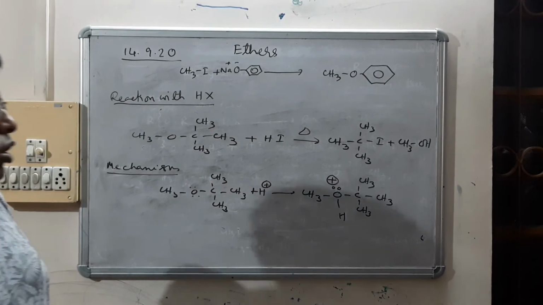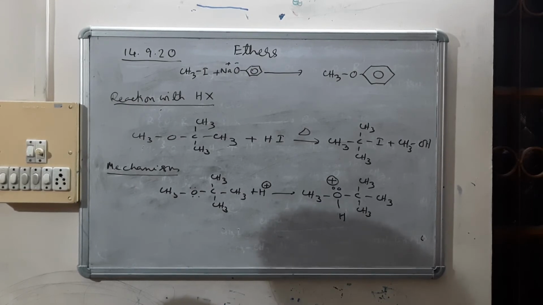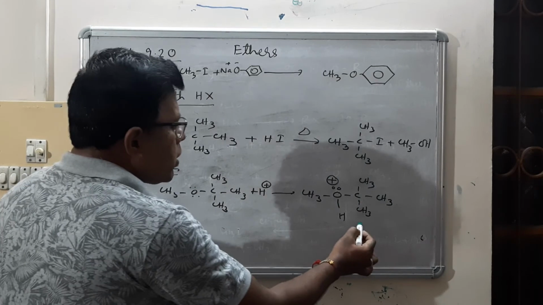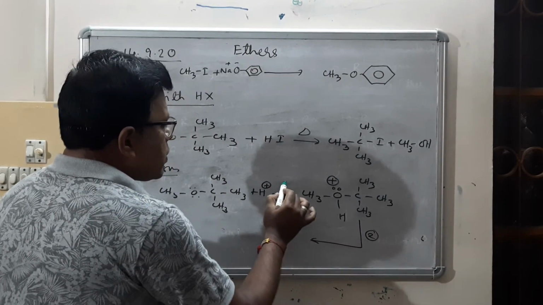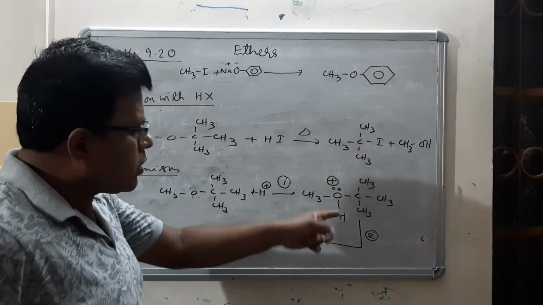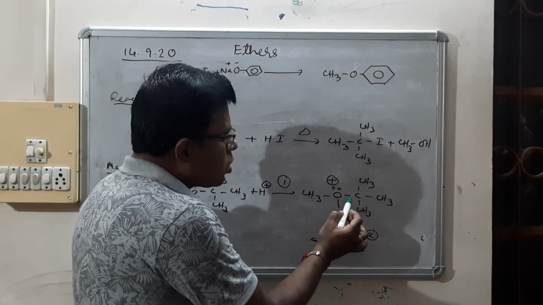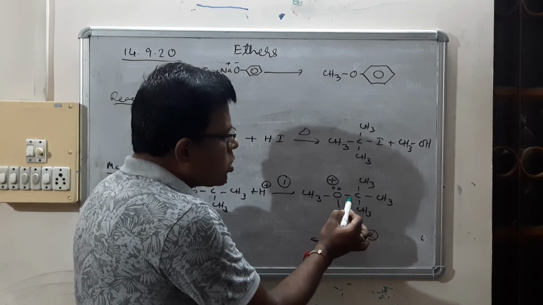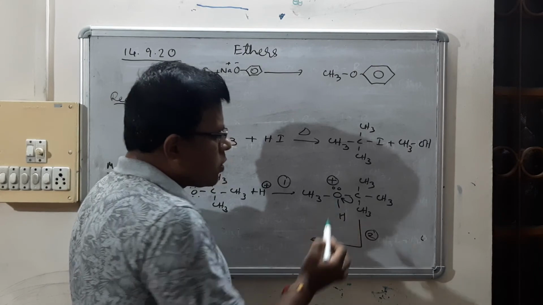In the second step, there occurs ionization. And this bond breaks. The electron goes like this.